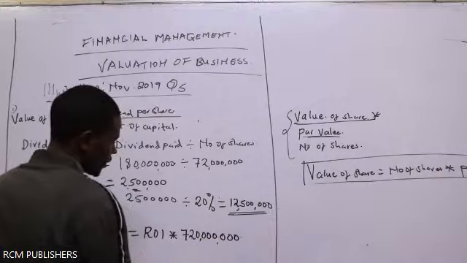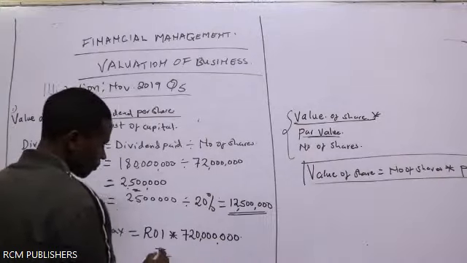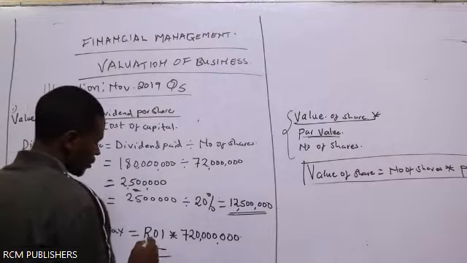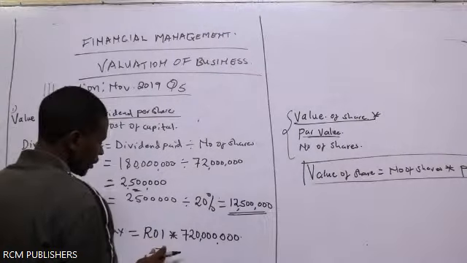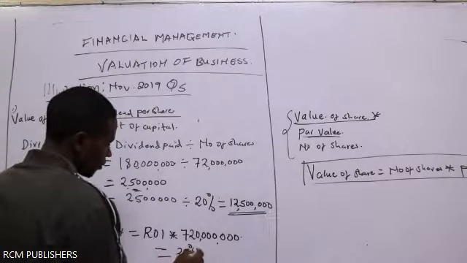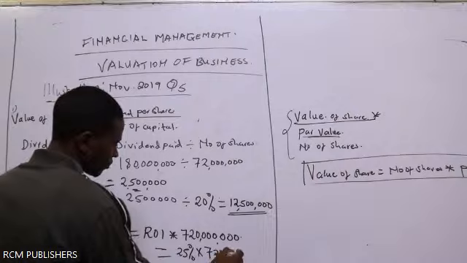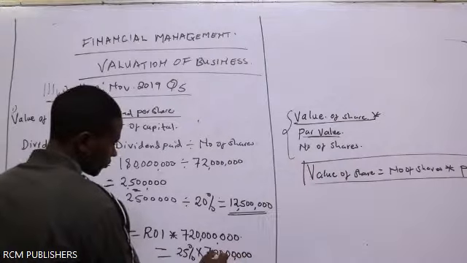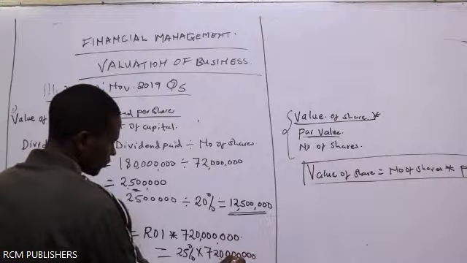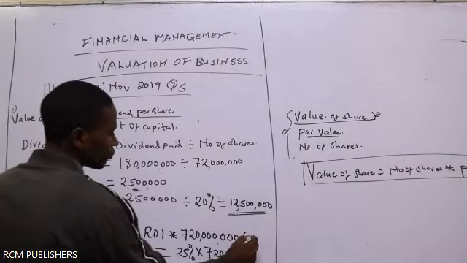Now, I can just put it here as 25% of 720. Okay, shouldn't be that way. This is a cost of investment.